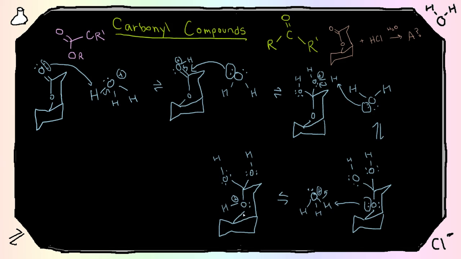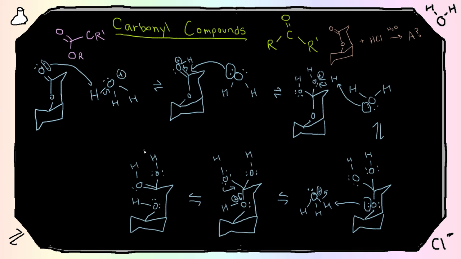So now this oxygen has grabbed this H, which gives it an overall positive charge. So now to get rid of this, we knock down this electron pair right here, which then in turn, because now we have too many bonds on this carbon, we knock this right onto the oxygen.